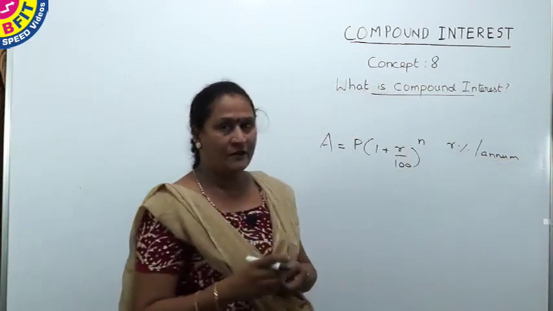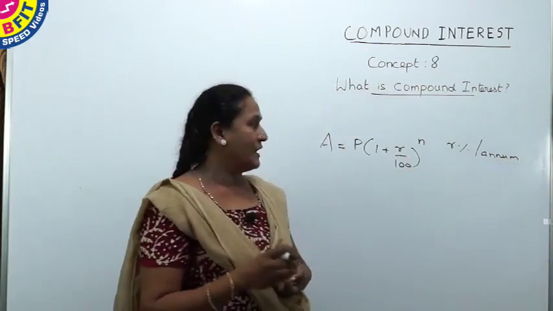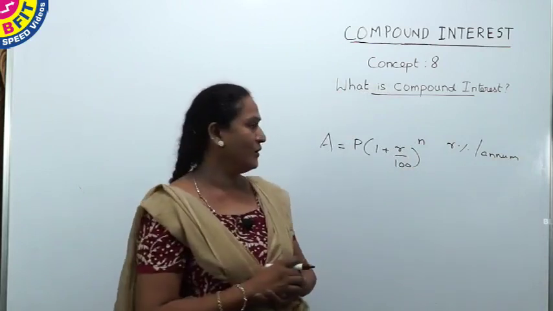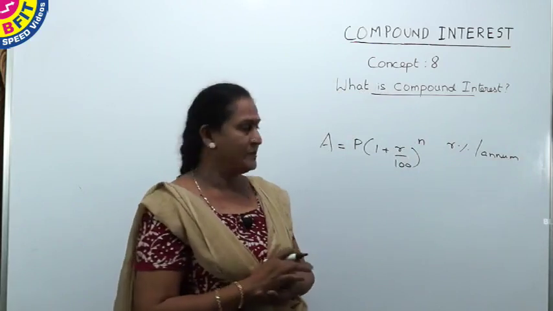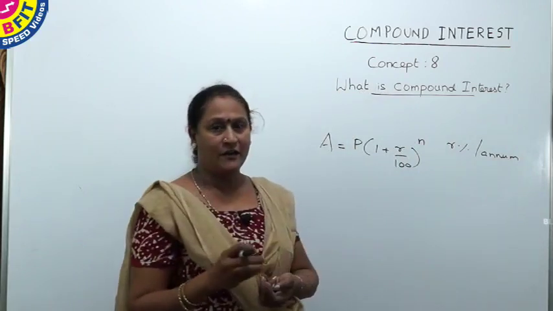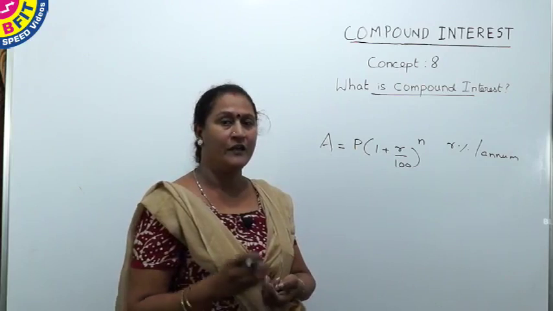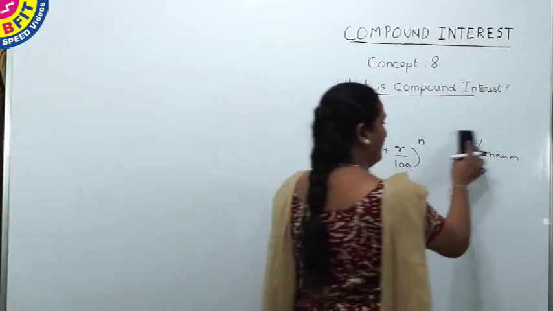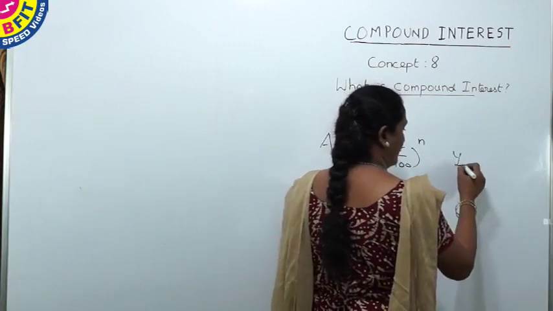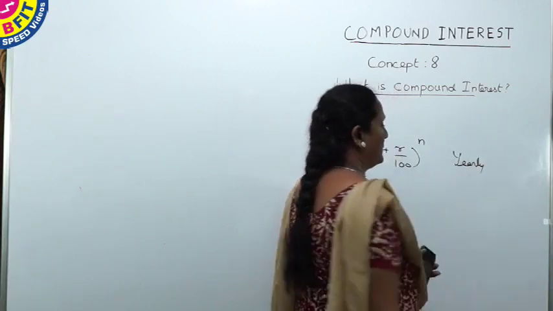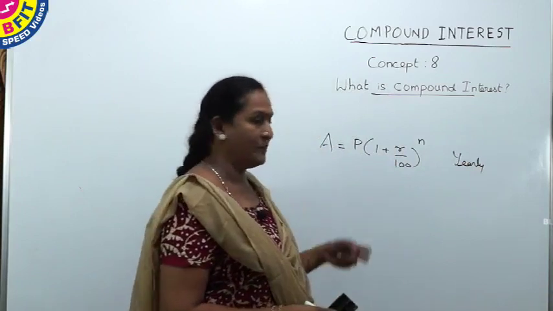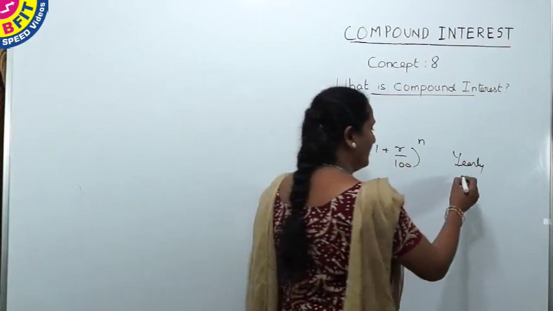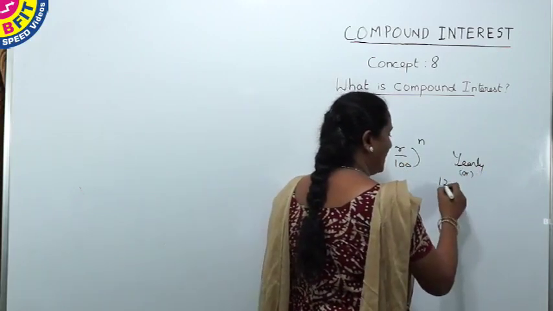It means whatever rate is given is for 1 year, and this interest is for 12 months only. So they may mention yearly, or if the period is not mentioned, it means the period is yearly, or every 12 months.